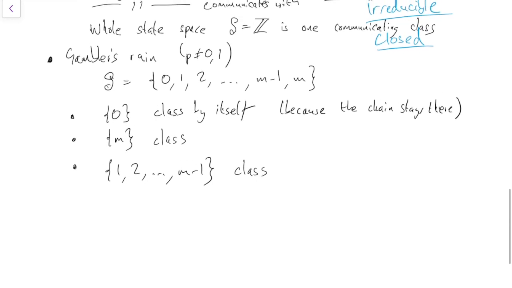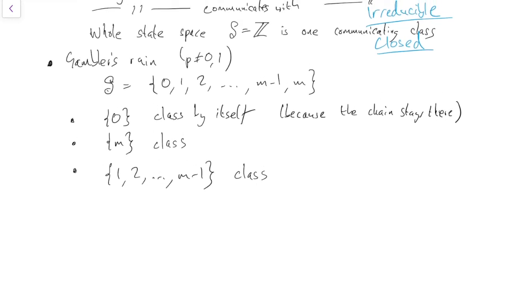Okay, what about the gambler's ruin? Well, we said that for 0 and m, once we get to those states, we stay there. So those classes are closed and those states are absorbing. Again, with m, once we get there, we stay there, so that class is closed and that state is absorbing.